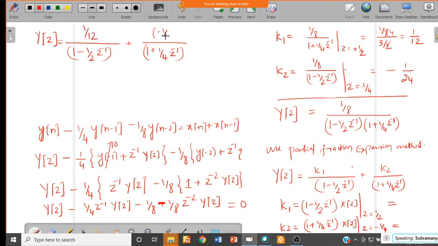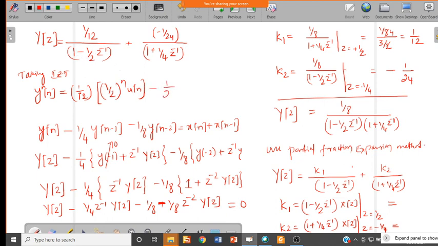Okay, so now put these k1 and k2 values and you will get the y of z, and taking inverse z transform you will get y of n. That is nothing but your natural response yn of n, which is given by 1 by 12 into, this is nothing but 1 over 1 minus alpha z inverse, in that format it is there, so we can write alpha power n. That is nothing but 1 by half power n into u of n, for this expression.